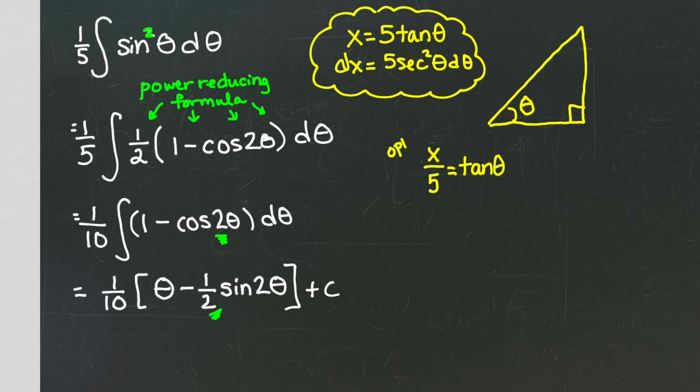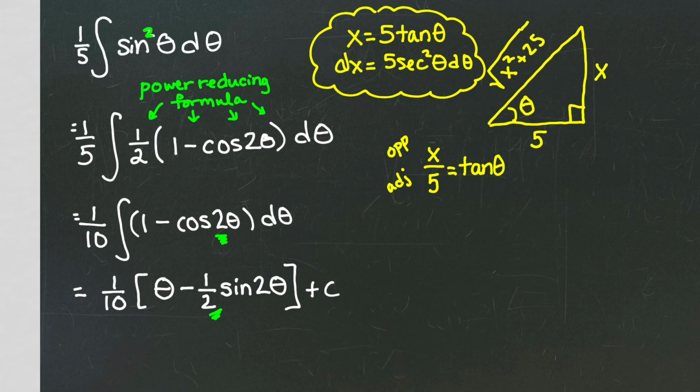Because tangent is opposite over adjacent, so I'm going to label the side opposite theta as x, adjacent theta as 5, and then using good old Pythagorean theorem, that's going to tell me the other side is simply the square root of x squared plus 25. Those are those Pythagorean relationships.